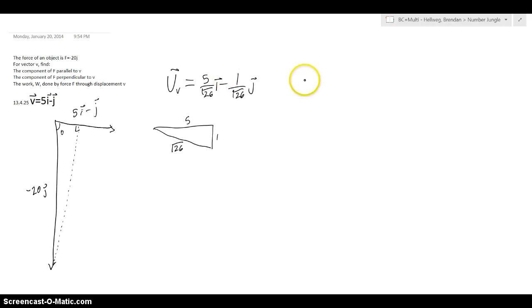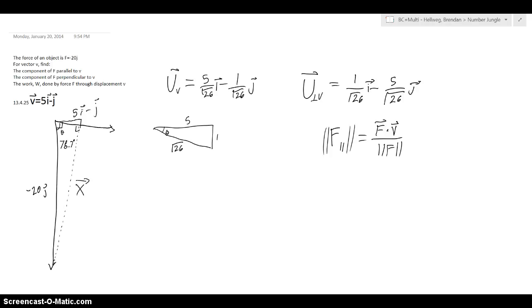So the unit vector perpendicular to V will equal 1 over the square root of 26 i plus 5 over the square root of 26 j. And so now we have the unit vector going in this direction and the unit vector going in this direction.